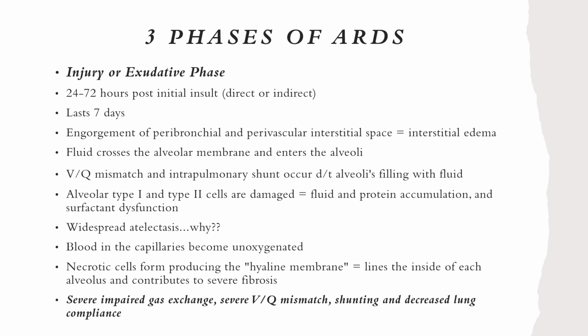It's due to that decreased gas exchange, and we're going to have high levels of fibrosis. And that hyaline membrane lines the inside of each alveoli, and unfortunately that's going to become severely fibrosed, and they're going to become stiff and rigid. So we're going to have severe impaired gas exchange, severe VQ mismatch. We're going to have shunting going on, decreased lung compliance.